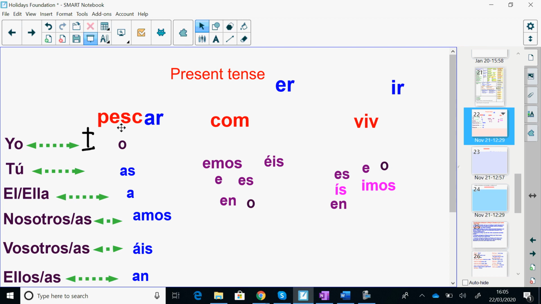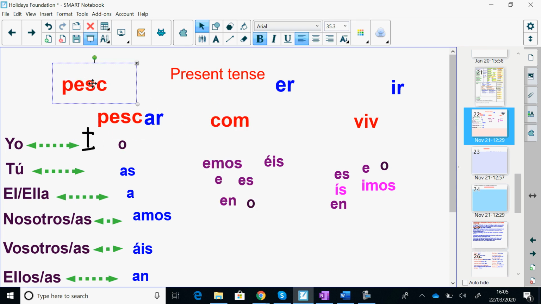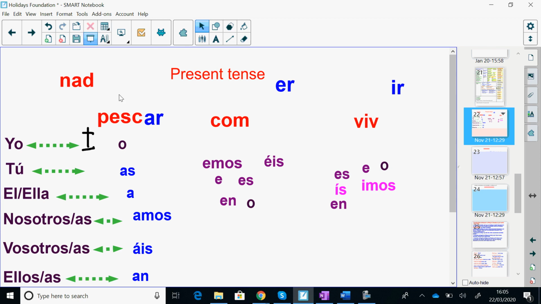So for example, let's think of another verb. We're going to clone this. It's going to be, for example, nadar. Nadar is to swim. Remember, I take off the AR bit, and now I stick on my endings. To say I swim would be nado. To say you swim, singular, would be nadas.